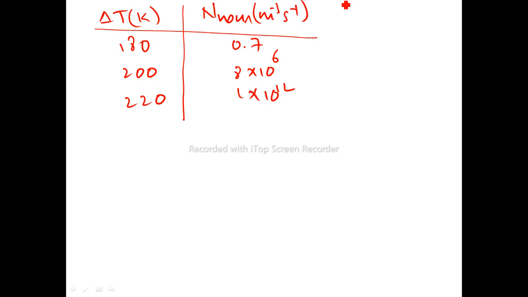So as we are increasing this trend, we can write the conclusion.